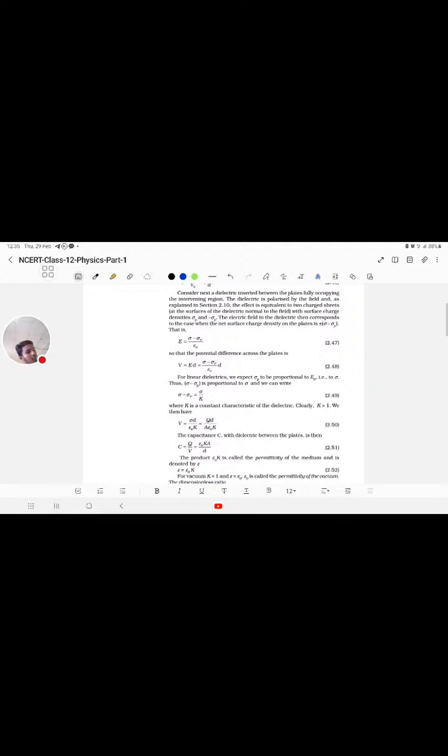So the net electric field between the region is going to be equal to sigma minus sigma p by epsilon naught.